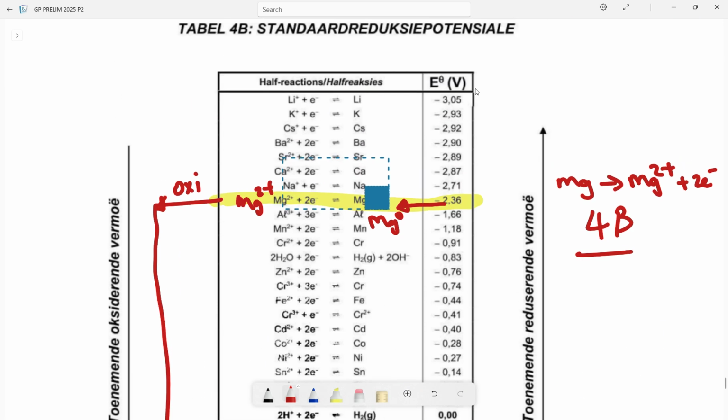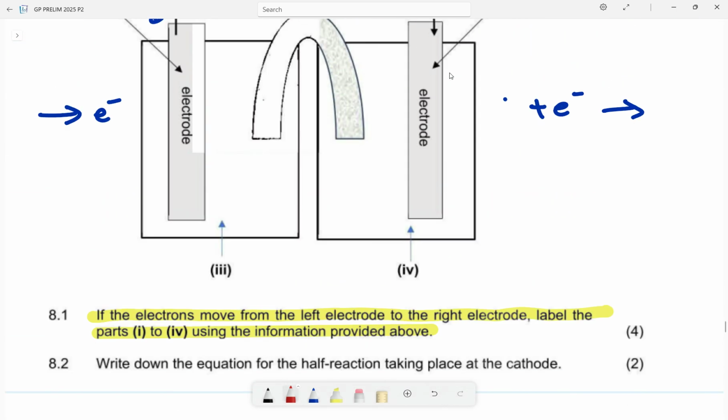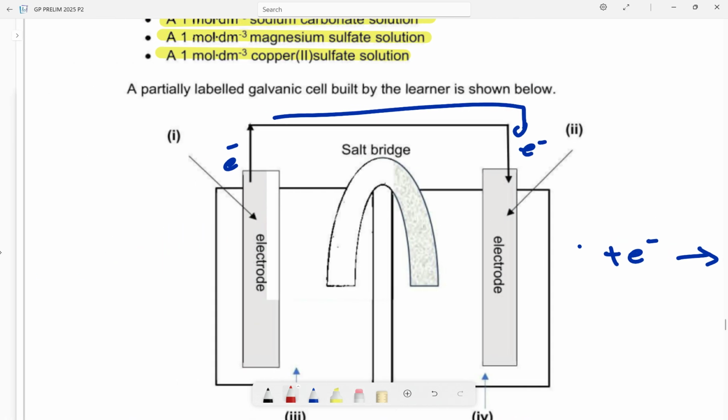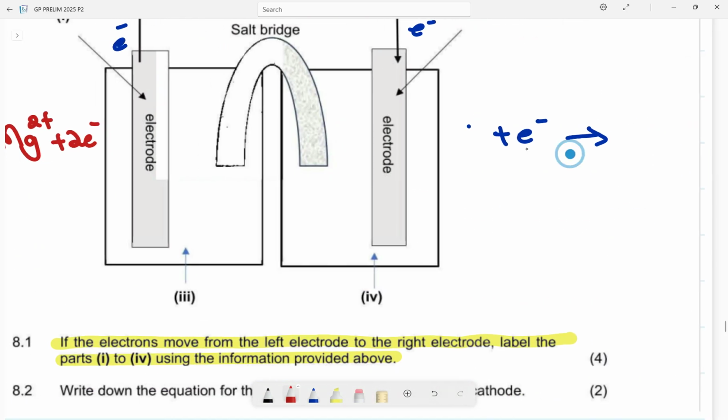So we want to know which one releases electrons. Therefore, can you see that we realize that Mg is the one that releases electrons? And copper acquires electrons to form pure copper.